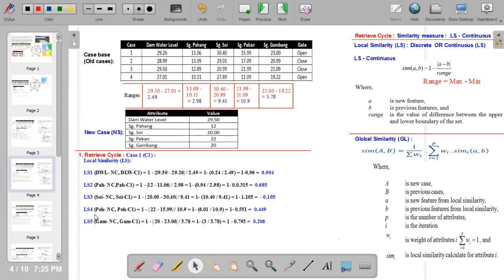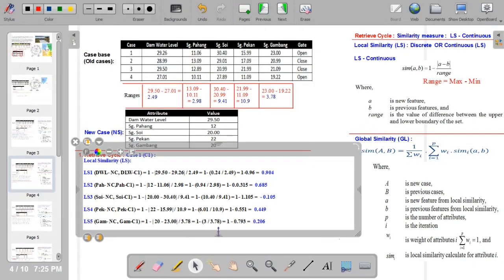I name it here as PEK. And the local similarity degree for Gambang. So you can compare your answer with mine. Here I recolored the output with blue because I want to use it later in the global similarity. So you can check your answer. I use the same formula that I already explained in calculating LS1, LS2 and LS3.